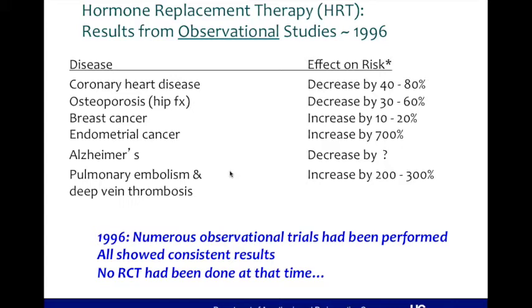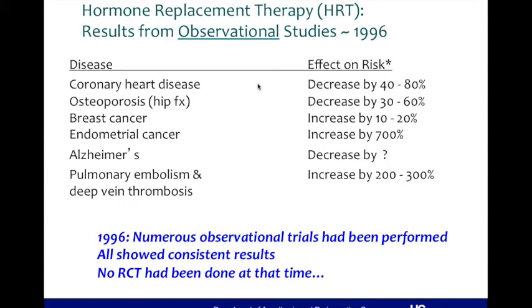There was a combination medication called Prempro that was very popular in the US in the 1990s, and in fact in the 1990s it may have been the most prescribed drug in the United States. The question of whether this was good for people has a huge impact on public health.